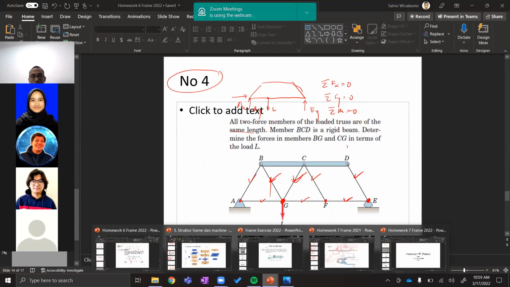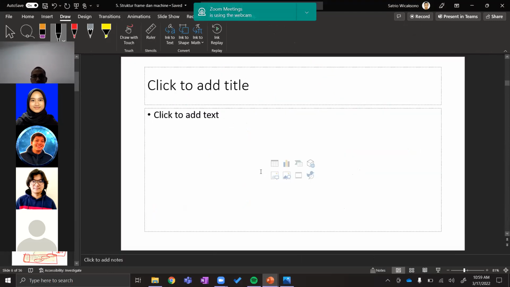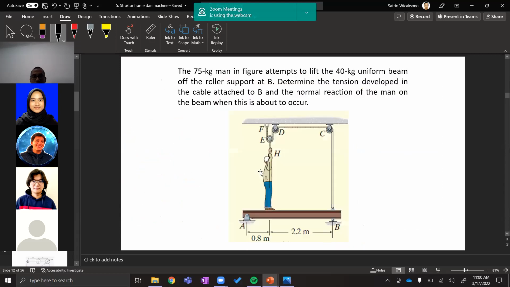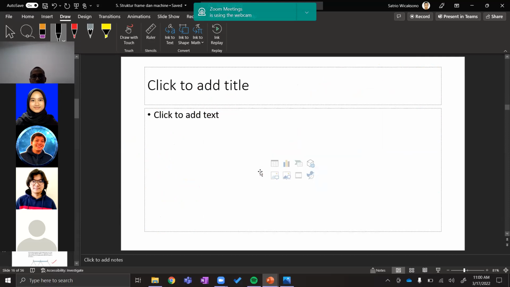Now I want to practice more. We still have 1 more hour. Frame exercise. Okay, this one we already tried to solve.